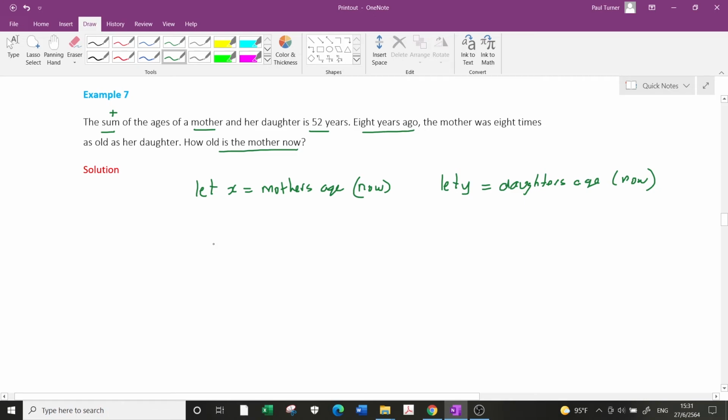So this is the age now. And we've got mother and daughter. And so the mother is x and the daughter is y. And in this question, it says the sum of the ages of the mother and daughter is 52. So this statement here tells me that x plus y is 52.